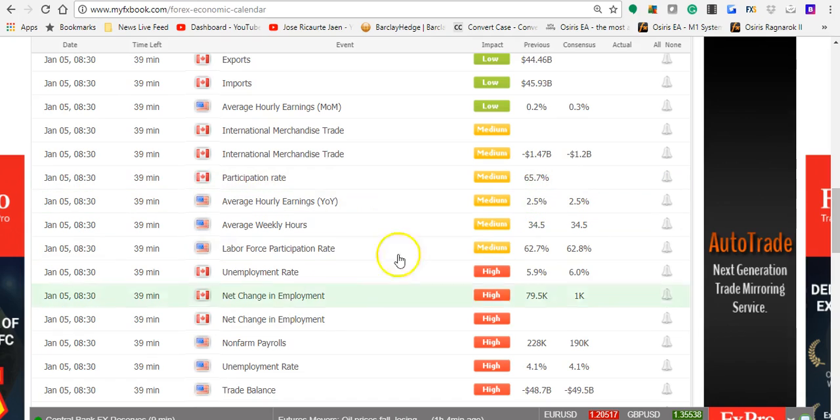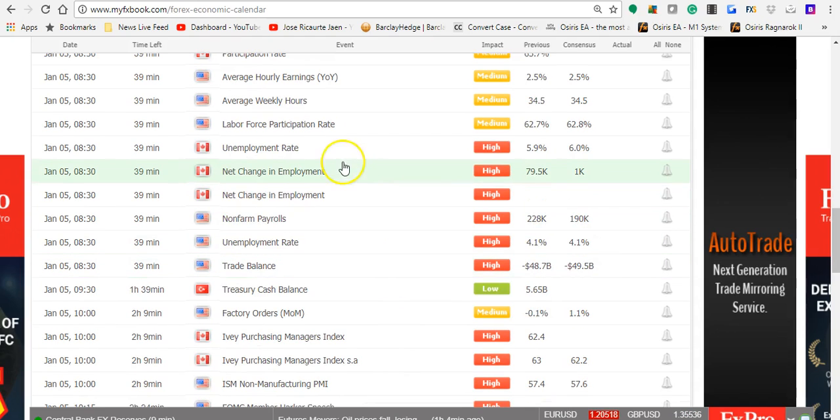If you take a look at this, what happens on Fridays when we have the NFP data is the fact that we also have some critical information from Canada. We have an unemployment rate, the net change in employment, and this affects what's going to happen against this. So let's say you have very positive data here, and then you have a decent consensus, as expected, for non-farm payrolls.